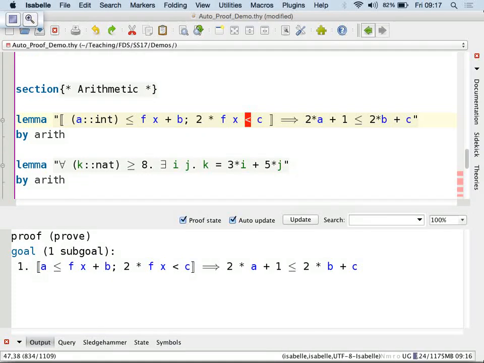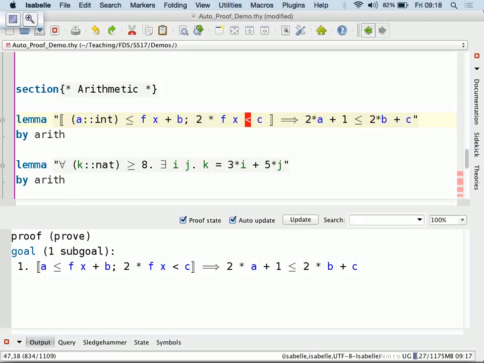And here's another cute one that shows you that even with quantifiers, this decision procedure works. So this says for all numbers greater or equal 8, and we're talking natural numbers here everywhere, there exist i and j such that k is the linear combination of i and j, multiplied with 3 and multiplied with 5.